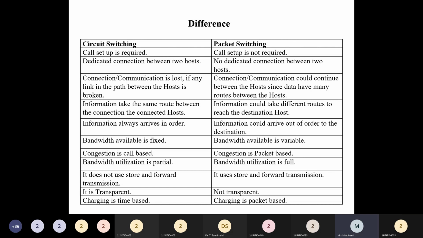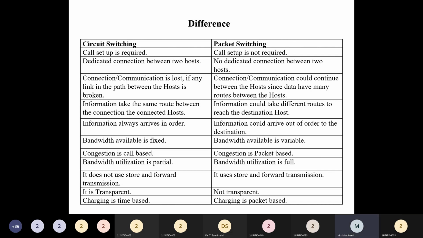So in circuit switching a call setup is required; in packet switching call setup is not required. The connection between two hosts is not decided. The communication is lost if any link path between the hosts is broken, so the connection and the communication are broken between the two. How many routers are between the hosts?